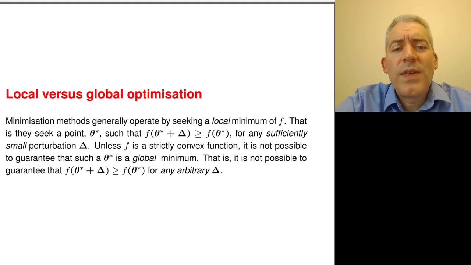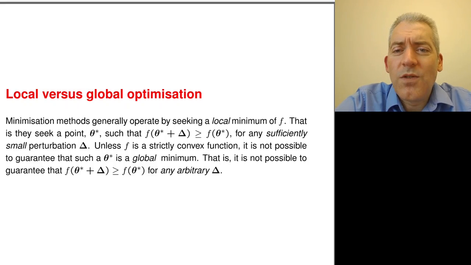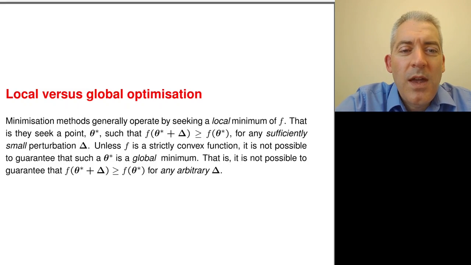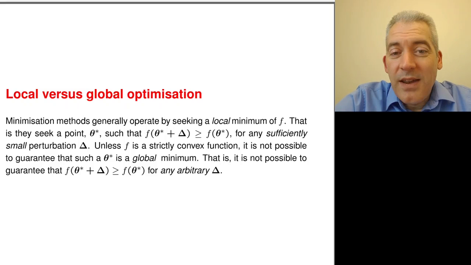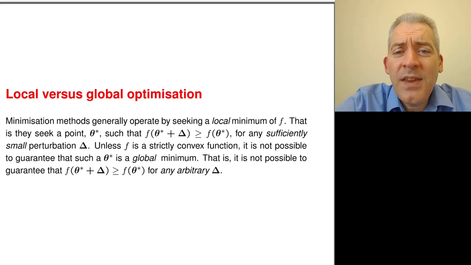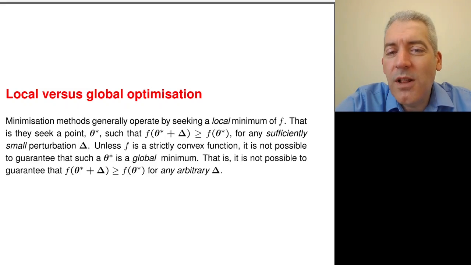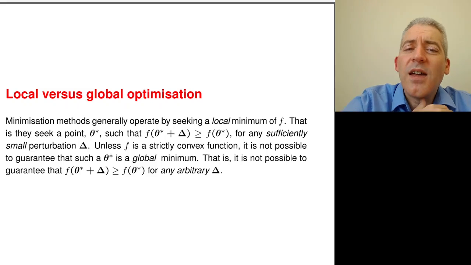Okay, so when we're thinking about minimizing a function, there are two sorts of minimums that we might be interested in that it is important to distinguish between. Typically, what we can hope to do is find a local minimum of f, right? That is a point, theta star, such that for any point sufficiently close to theta star, the function will be not smaller.